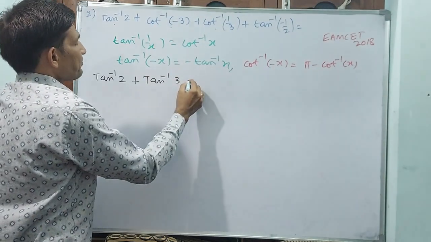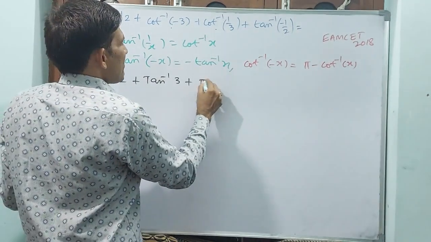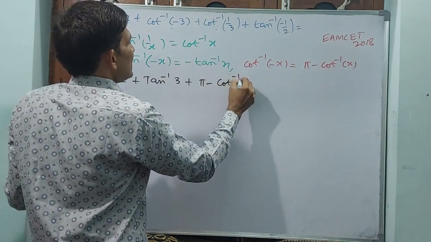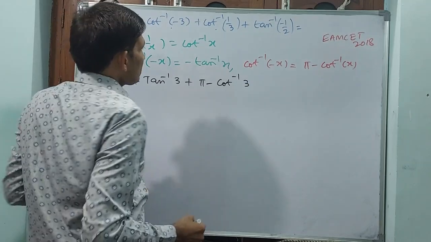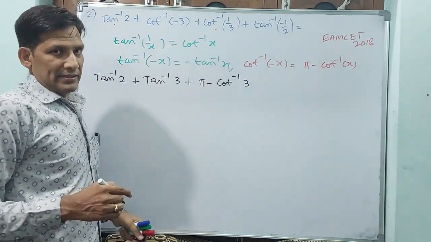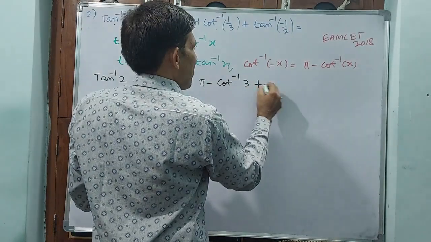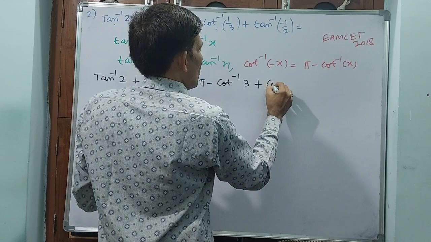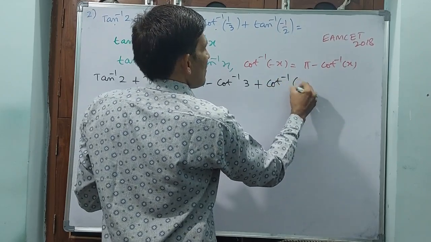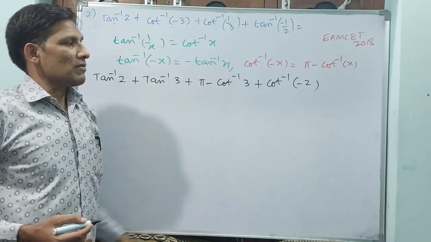Now go for it. Plus cot inverse of minus 3 means pi minus cot inverse of 3. This also, I want to first convert it into cot, then I will convert it. See what I am writing: plus cot inverse of minus 2. Tan inverse of minus 1 by 2 means cot inverse of minus 2.